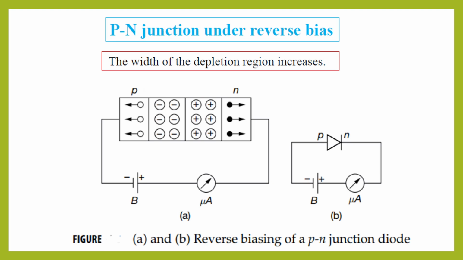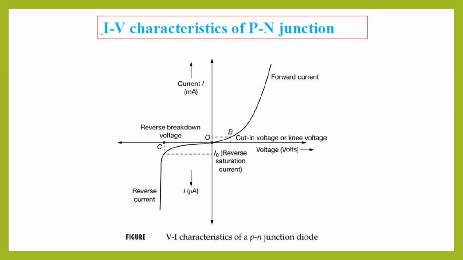Initially, as we increase voltage in forward bias, the current is 0 and it slowly increases. In reverse bias, as the voltage increases, the current increases slowly, and at a particular point, the reverse breakdown voltage, the current will be maximum.